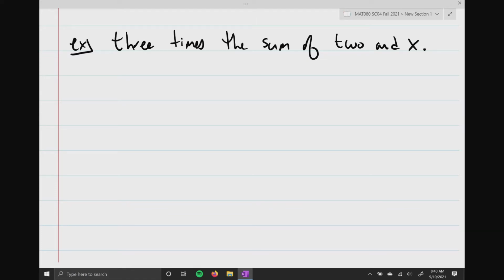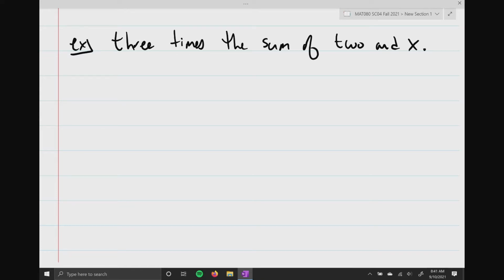Yeah, it's telling me I got to do this first. But since this is telling me to do something first, what is it telling me to do first? Find the sum of 2 and x. And then it's telling me to do what? Multiply that by 3.